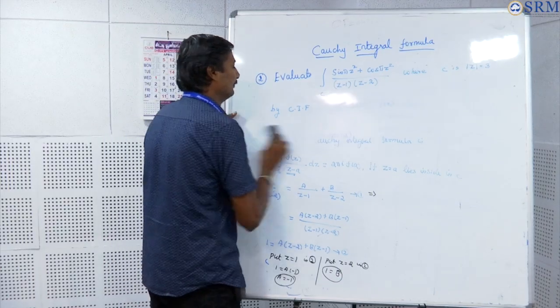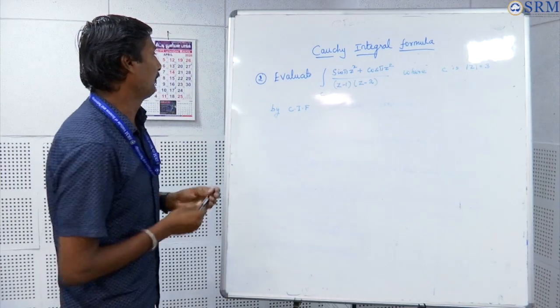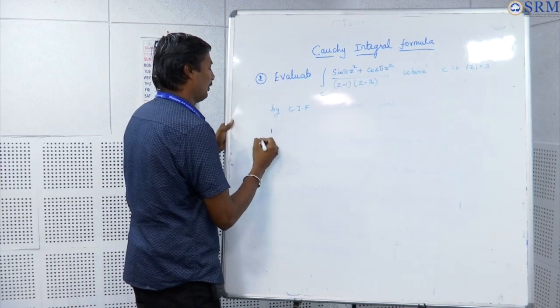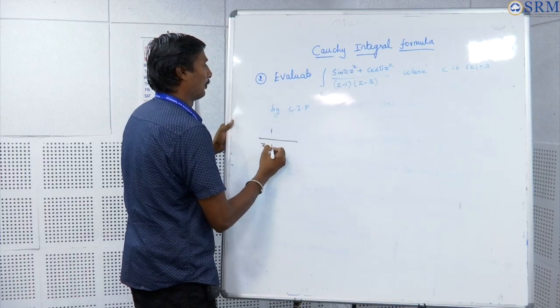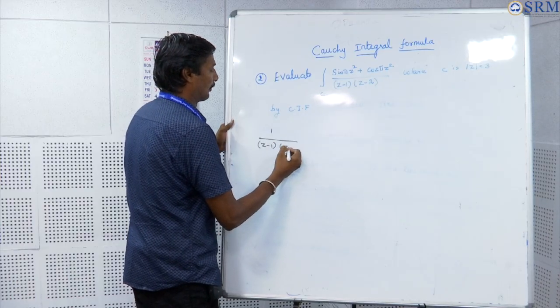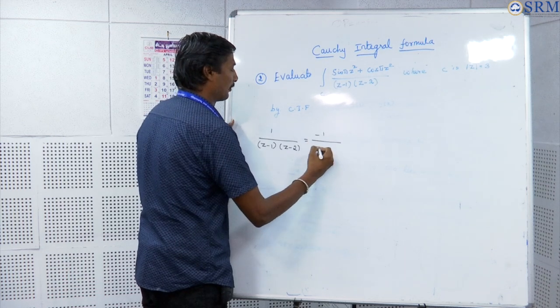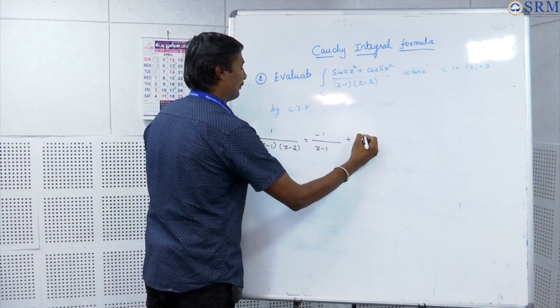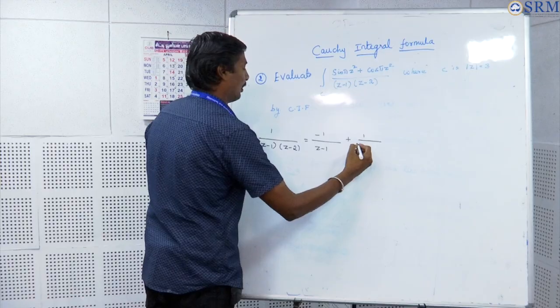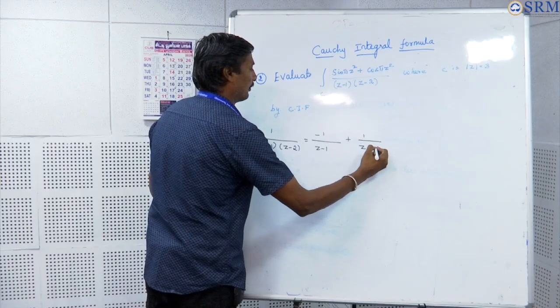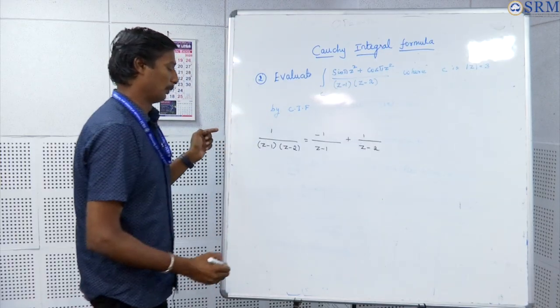We get 1 upon (Z minus 1) into (Z minus 2) equal to, what is the A value? Minus 1 upon Z minus 1 plus B value 1 upon Z minus 2.